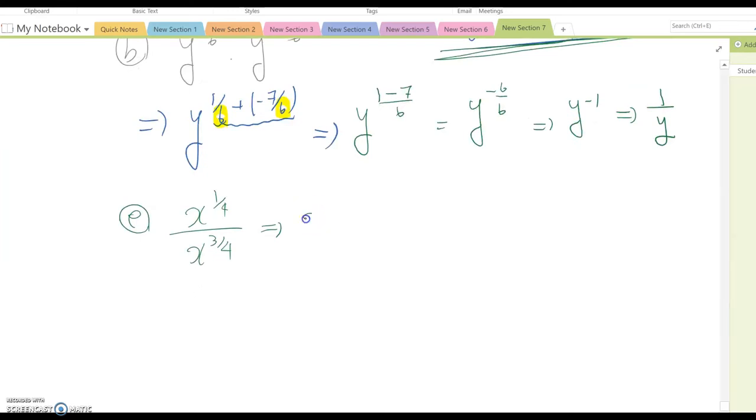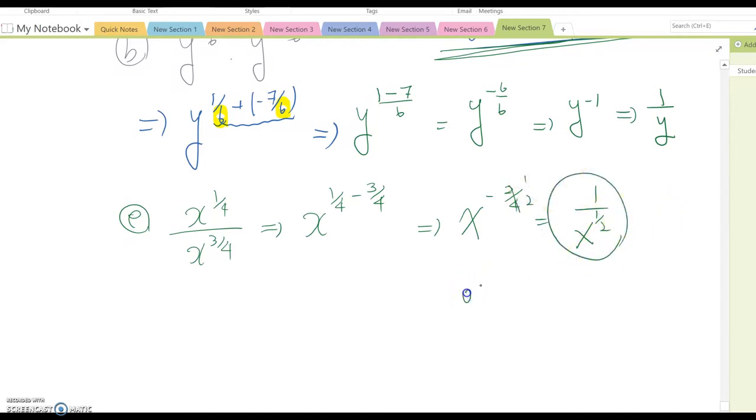Now it becomes x to the 1/4 minus 3/4, so x to the negative 2 over 4, which means 1 over x to the, simplify, 1 over 2, then 1 over x to the 1/2 power. That's the answer. Or you can also rewrite this as 1 over root x. Either one is fine.